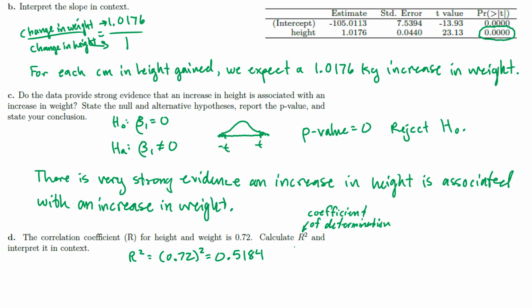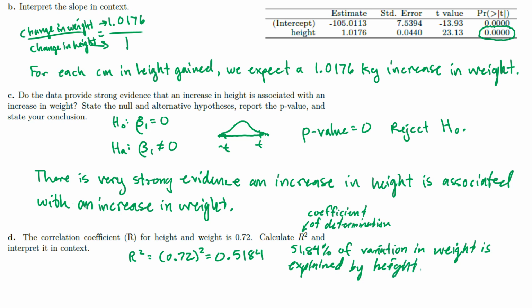So this is telling me that 51.84% of the variation in weight is explained by the model, but the model's only including height, so it's explained by the height.